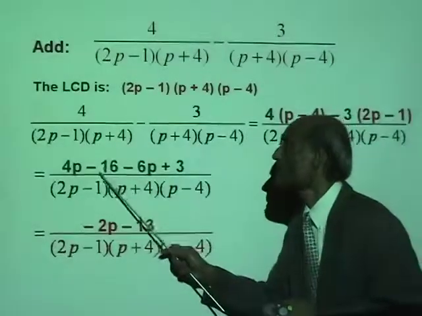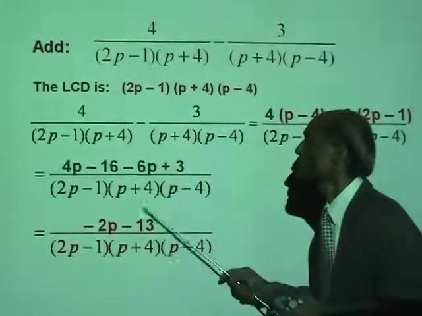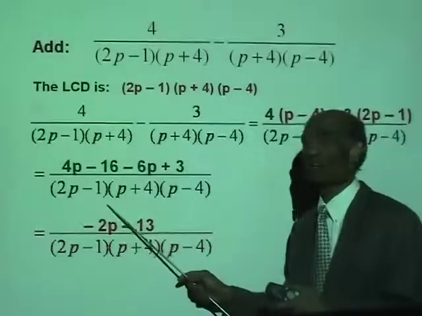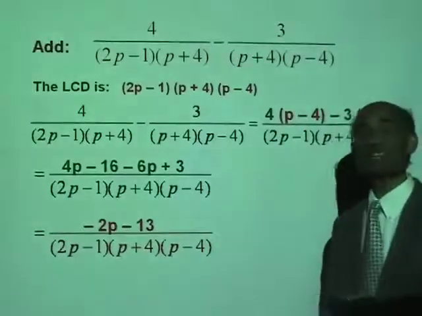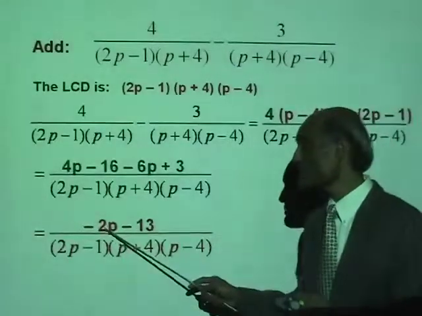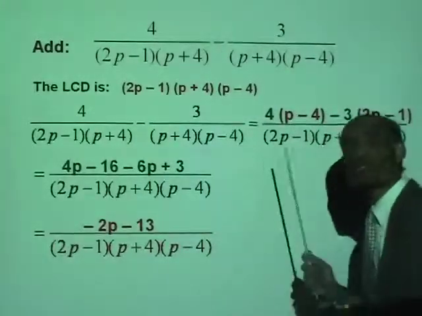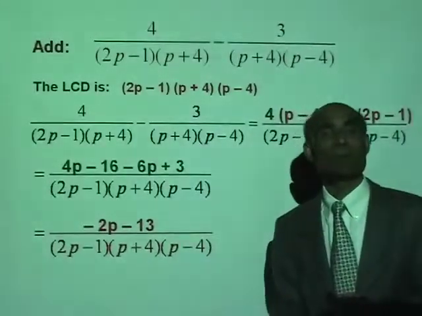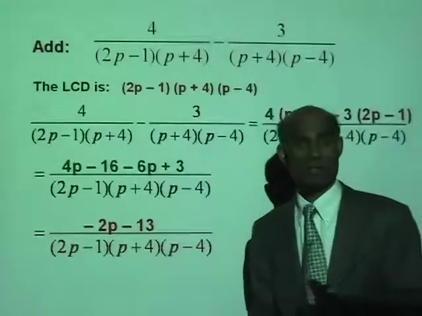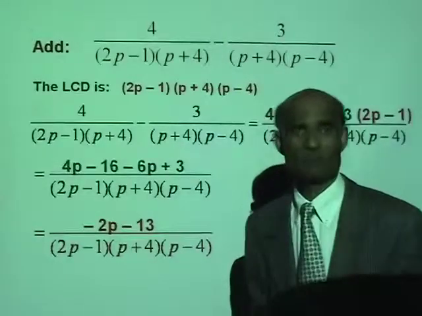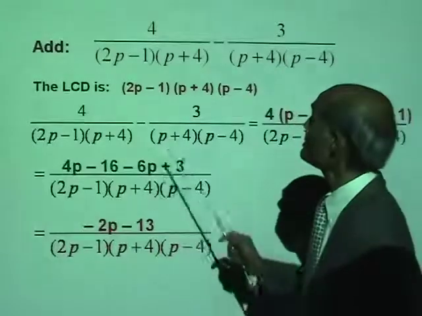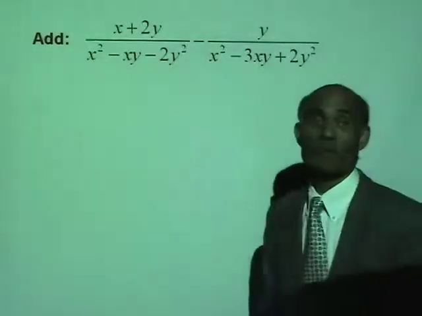And minus 16 plus 3 is minus 13. So my numerator is simplified as negative 2p minus 13, and the denominator is the LCD. Okay? I'm sure you're feeling much better about it now. Okay, let's go and do another one.